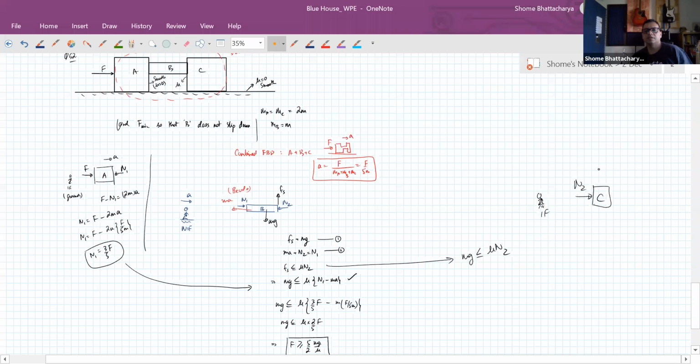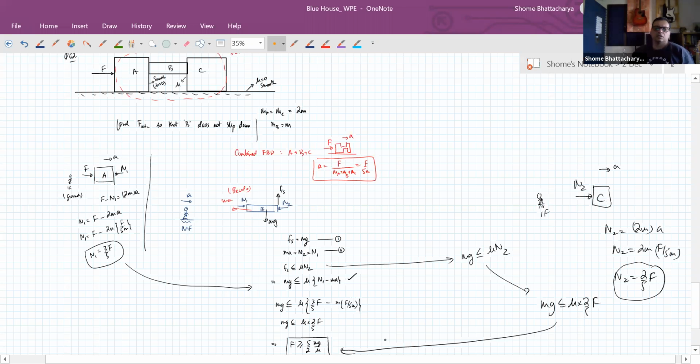You can simplify matters a bit that way. So N2 is equal to 2ma, so 2m into F by 5m. So N2 is 2 by 5 F. So calculation becomes a little bit simpler now. mg is less than equal to mu into 2 by 5 F, which directly gives you this result. But anyhow, this is the way of solving the question. So hope this is clear.